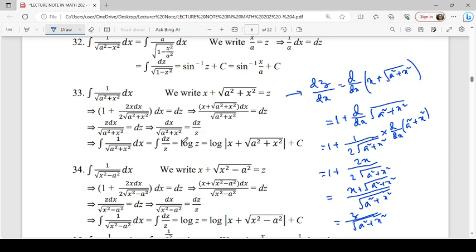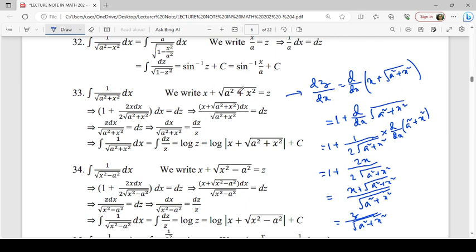In place of this we write dz, and this gives log z, and in place of z we write this one. So this is also one standard result. Integration of 1 by root over a square plus x square is equal to log of x plus root over a square plus x square. Then minus, same procedure.